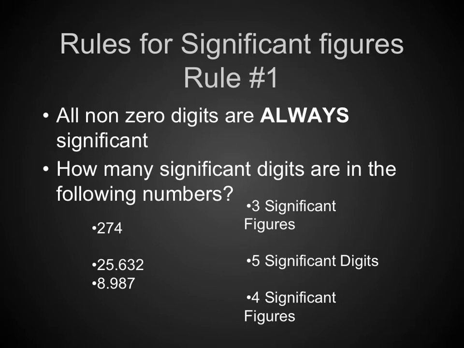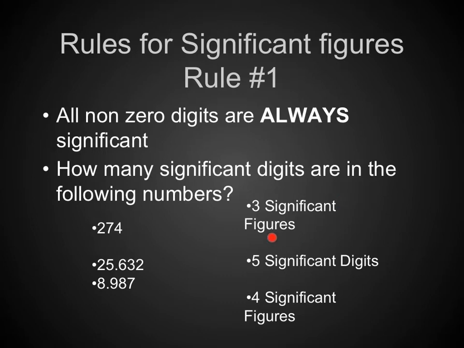So when you look at this number right here, 274, there are 3 significant digits in that number. 2 is a significant digit because it falls between the numbers 1 and 9. 7 is a significant figure because it is again between the numbers 1 and 9, and 4 is a significant figure. So there's 3 significant figures in this particular number.